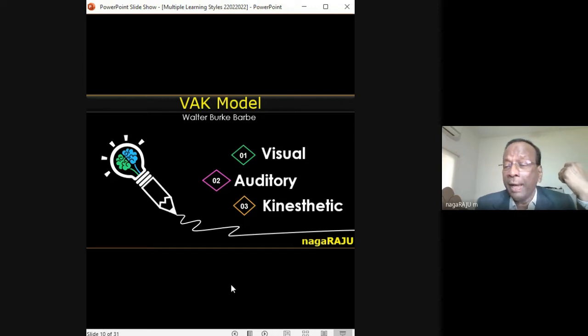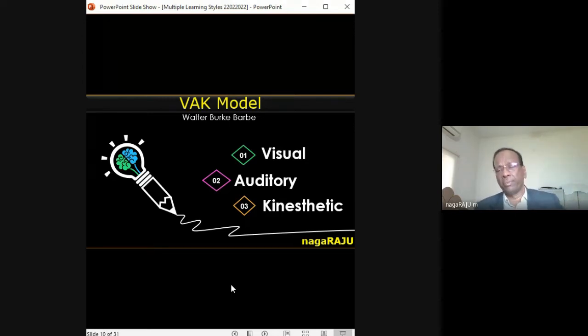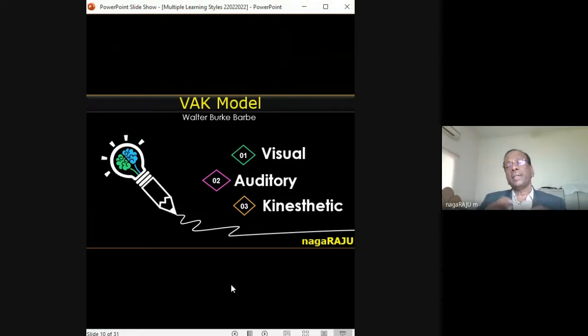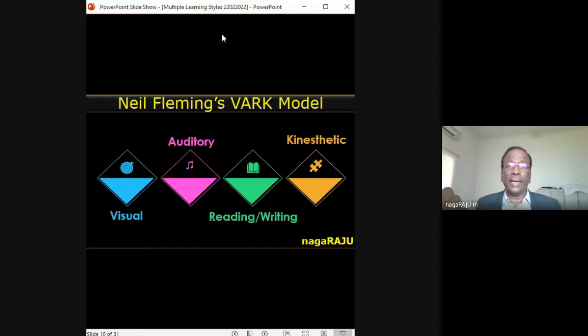The VAK model said during those days that students either learn visually, or they learn auditorily with their ears, or they learn kinesthetically by doing things with their hands, using their physical body. This was a very preliminary kind of research that was done, and then they came out with this model in those days. Then after that, Neil Fleming said, oh, it's not three, it's actually four.